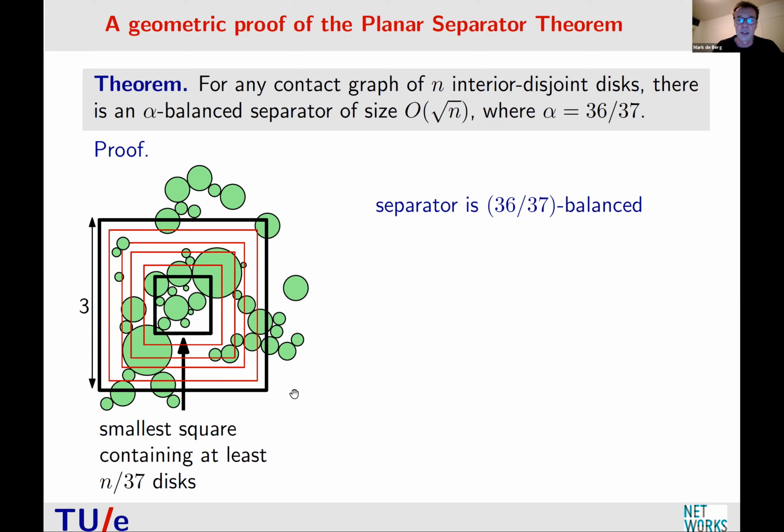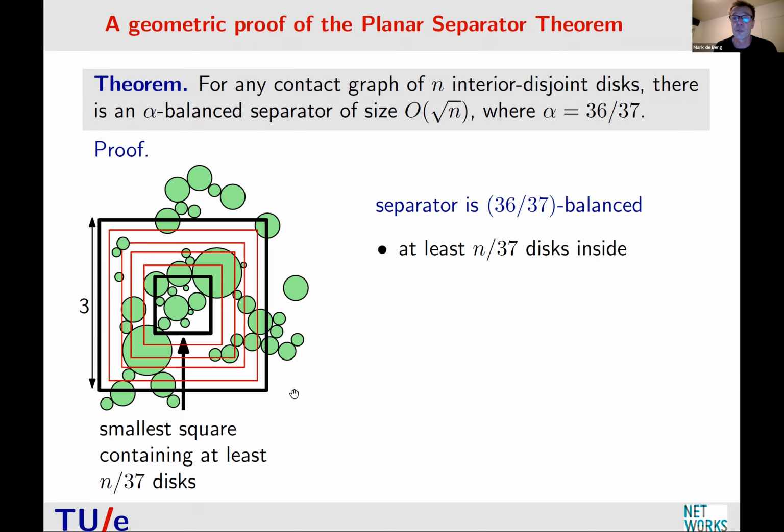Why is it balanced? Well, I claim that it's, well, not 2/3, 1/3, but 36/37 versus 1/37. That's the worst balance I get. So why is this the case? Well, by choice of my inner black square, there are at least n/37 disks inside.